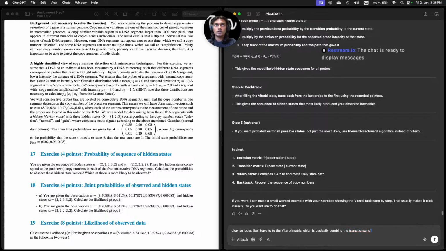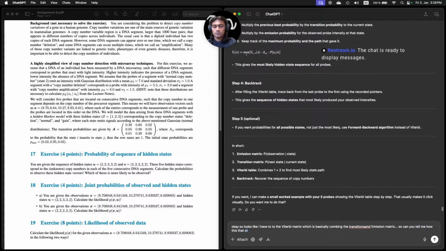Transition and... so how is that step gonna look like?